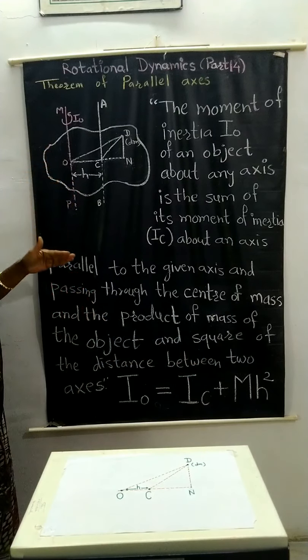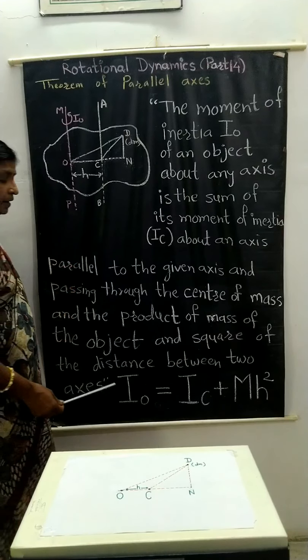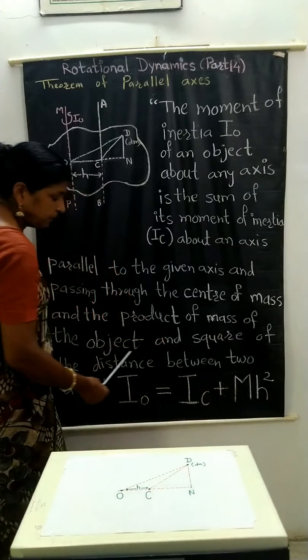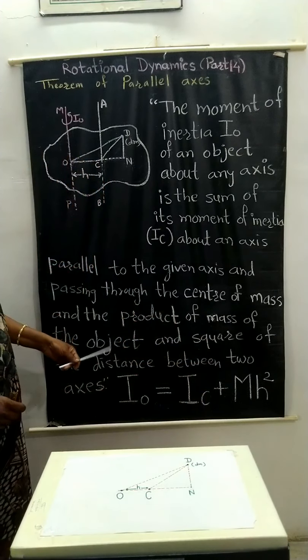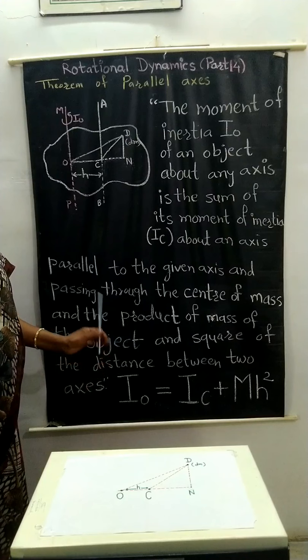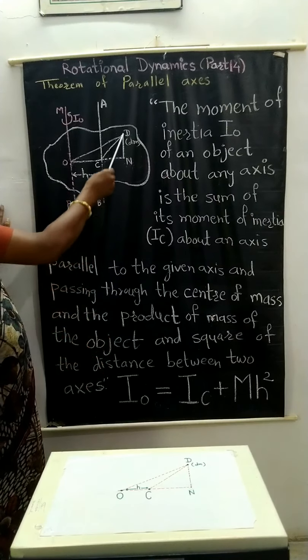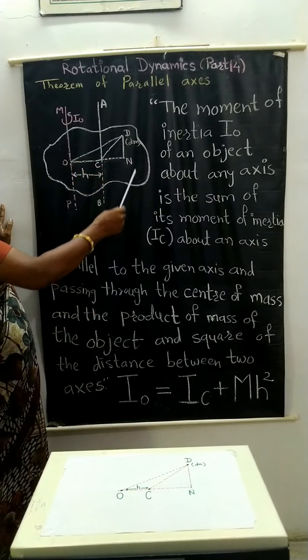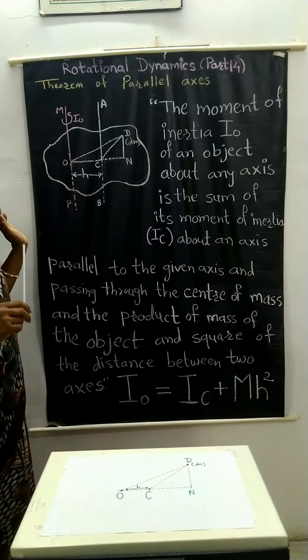When we see the proof of this theorem, this statement will be clear to you. Now, what is this theorem? It is about the moment of inertia of a body, an object, also called a rigid body.